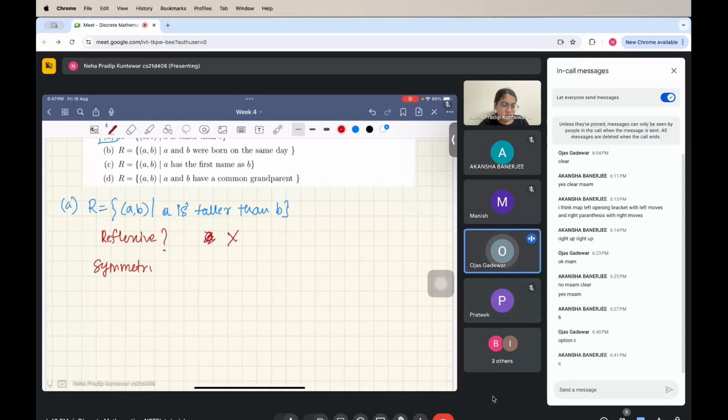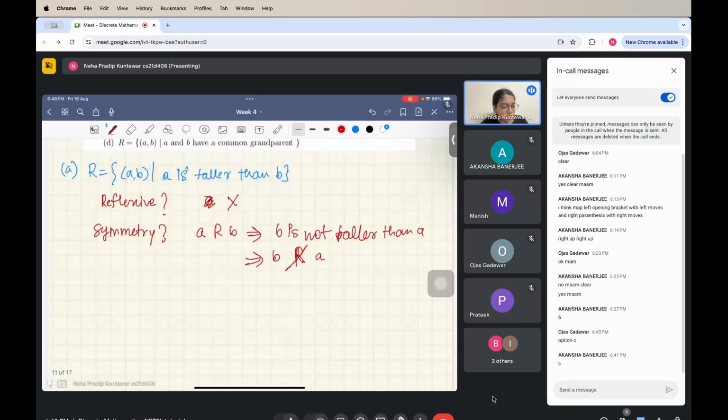It is not symmetric, because if A is taller than B, then B cannot be taller than A. Whenever I write this, I mean it is not related. So I write R followed by this slant. What about antisymmetry?